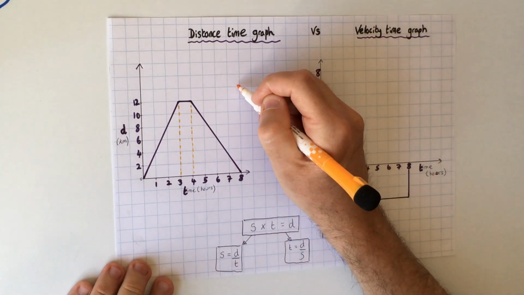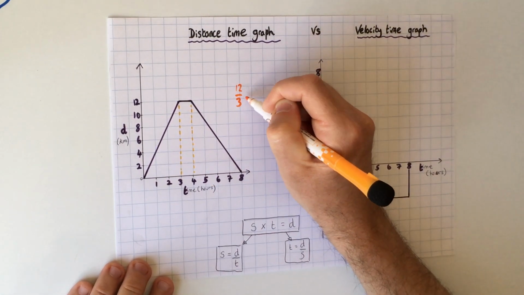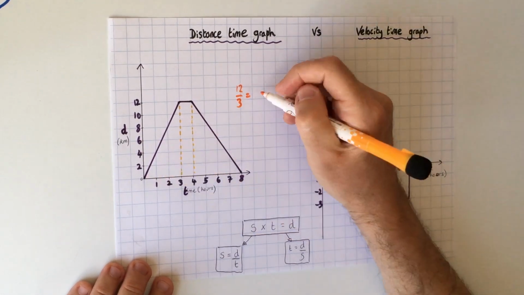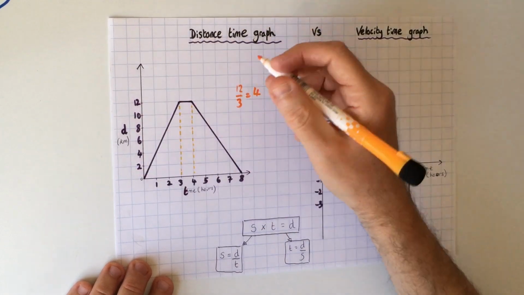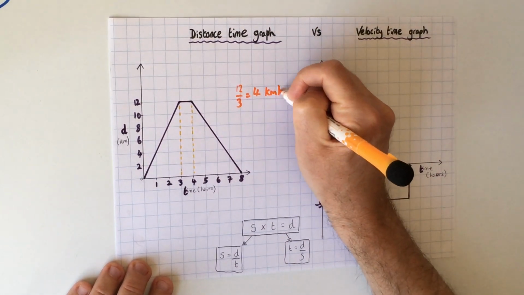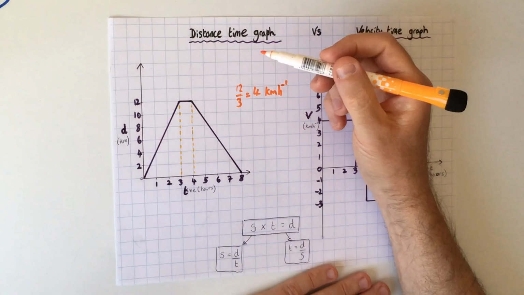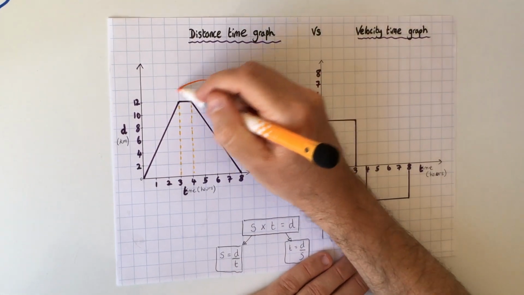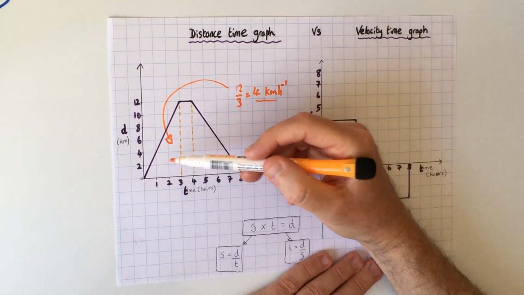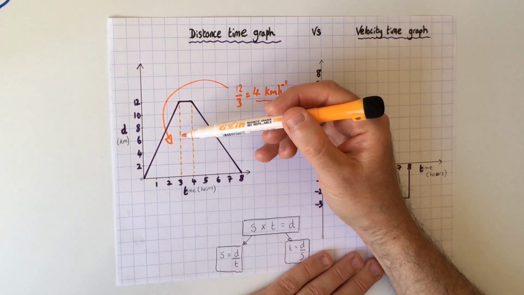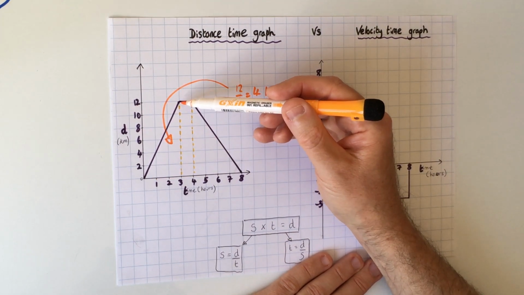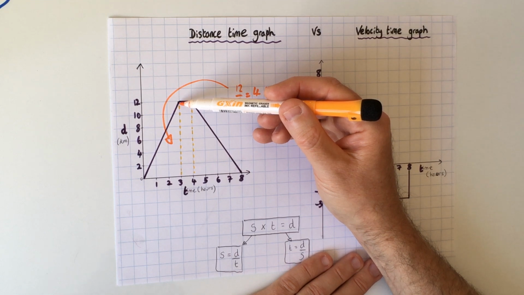So if you do 12 divided by 3, it gives you 4, would be meters per second, but in this it's kilometers per hour. So this is a person in this section here that is travelling at 4 kilometers per hour for 3 hours, and in that time then obviously they'll reach 12 kilometers.